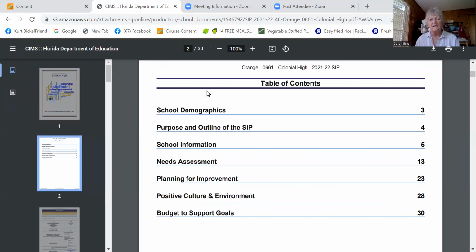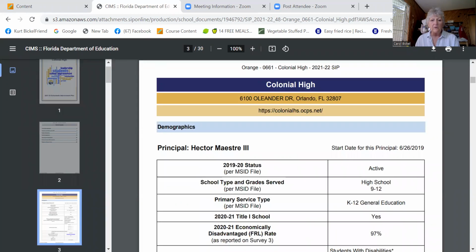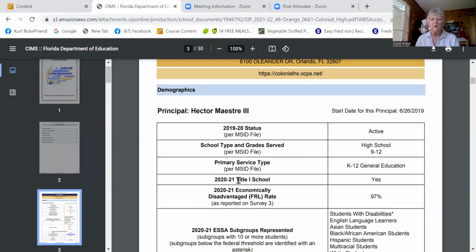The next page tells you what's in it, and the 3rd page gives you an idea a little bit more about the school. Principal Hector Maestra has only been there since 2019, and traditionally Colonial has been a school that has struggled.